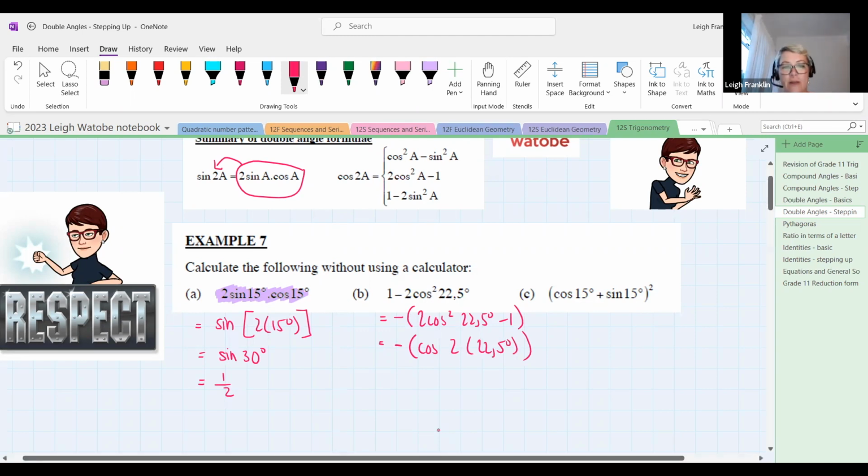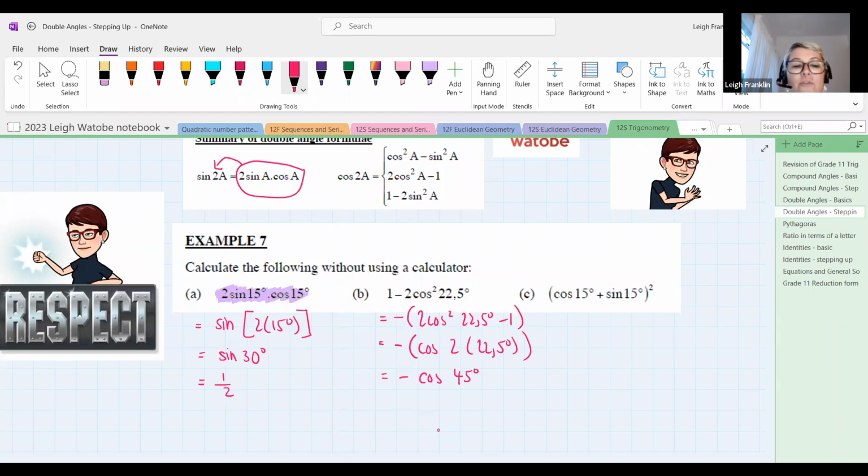And then you open negative, open a bracket, cos 45. Lovely, no problem. So you don't need brackets anymore, but that's fine. If you do have them, it's not wrong. And then cos 45 is square root 2 over 2, which means it's going to be negative square root 2 over 2. Beautiful. Well done.